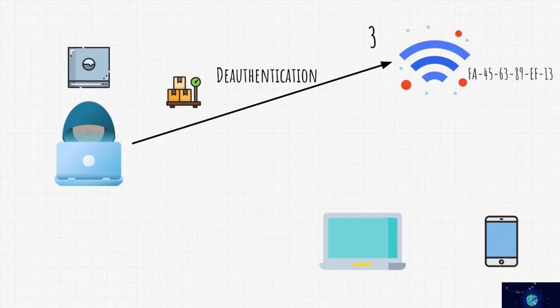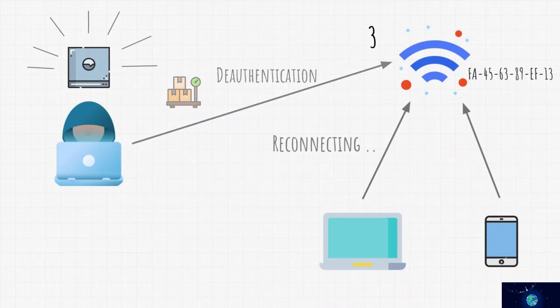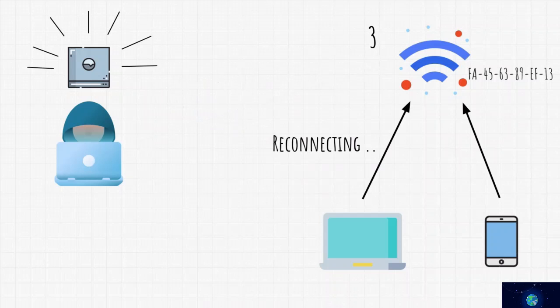The goal is that once we stop deauthenticating, those devices that got kicked off the Wi-Fi a few seconds ago will try to reconnect to that access point. And all that time, we will be sniffing for that 4-way handshake with our password key. And as soon as they connect, we will get that password value that we want.